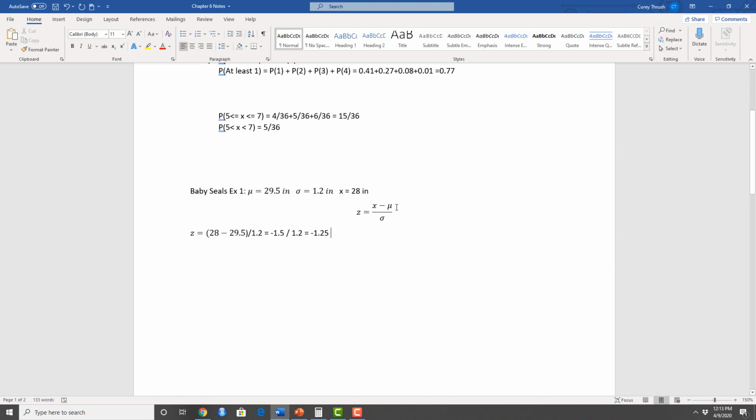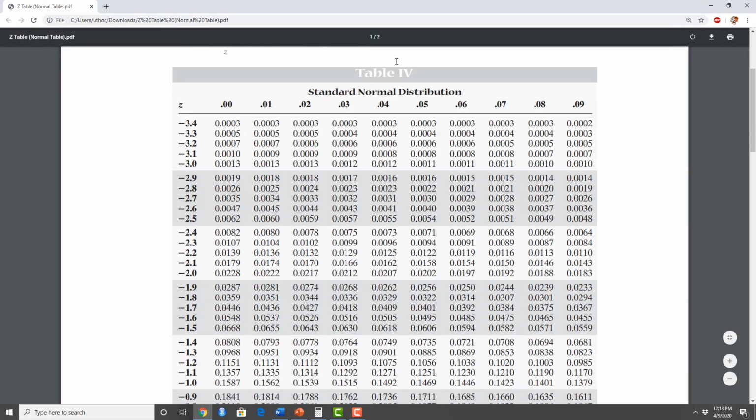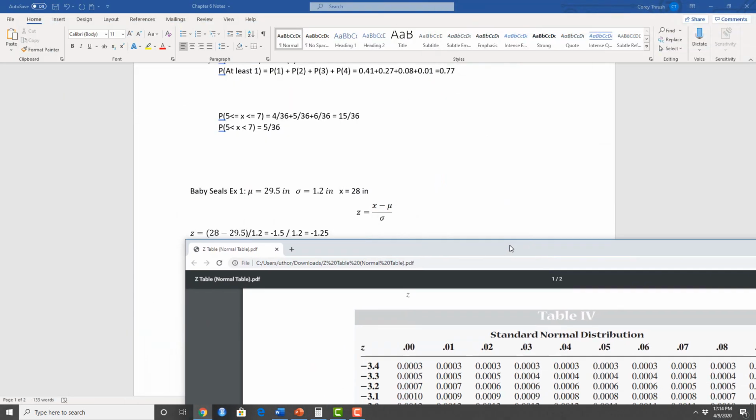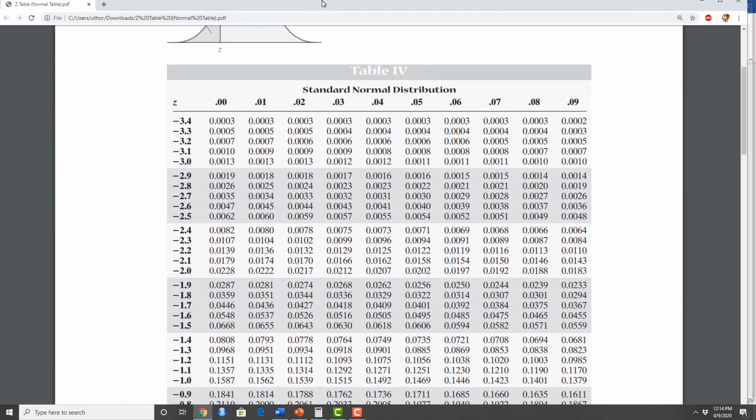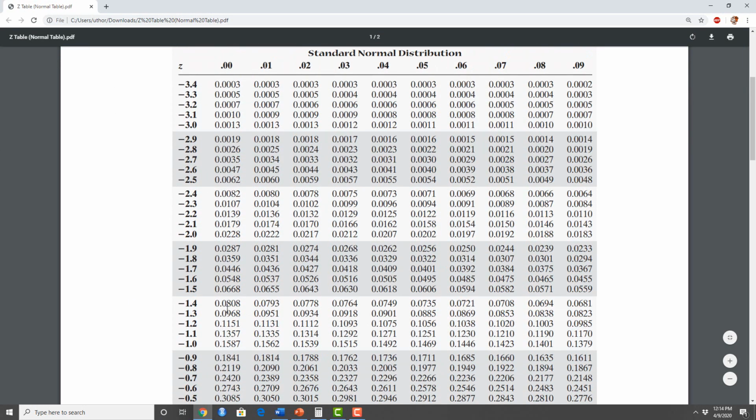So how do we find the area to the left of this z-score? Well, we have the standard normal distribution table. We're looking for a z-score of negative 1.25, so here's negative 1.2, negative 1.20 to 1.21, keep going, and this is it right here.